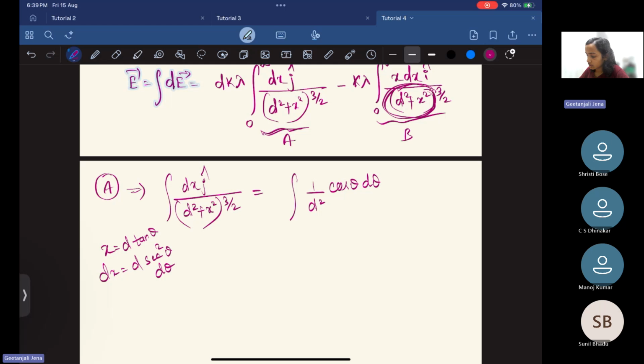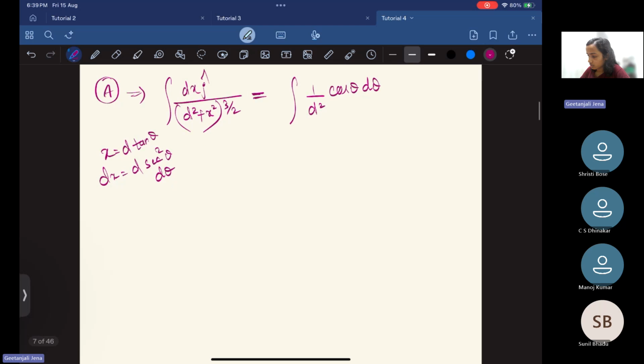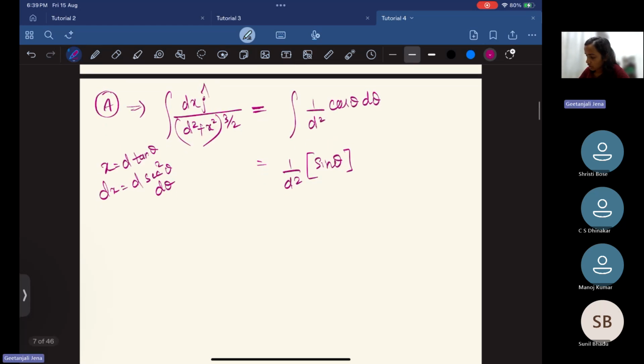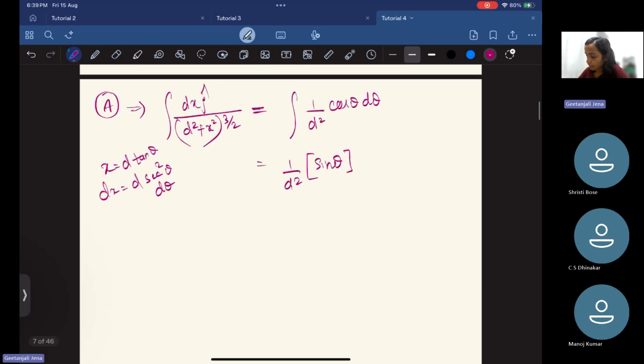I'm not going into the details of this substitution. Just check whether you are getting the terms or not. So this will be 1 by d square sin theta d theta, sorry, sin theta. Now we need to put the value of theta.